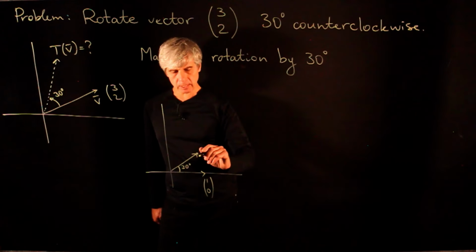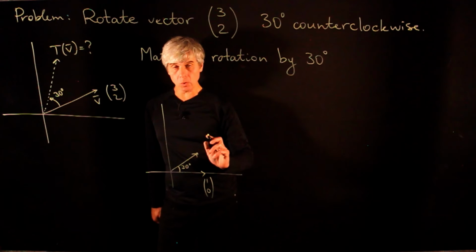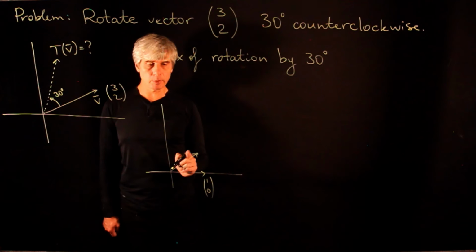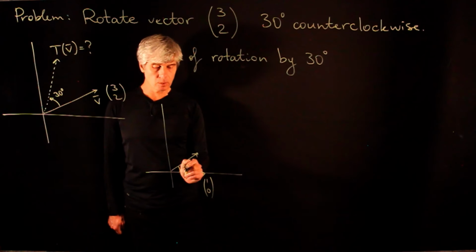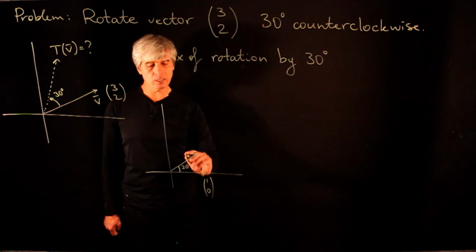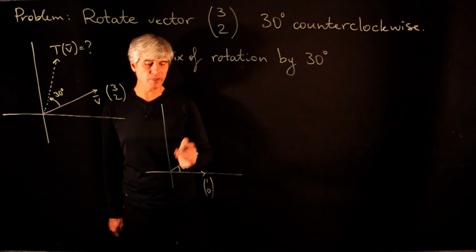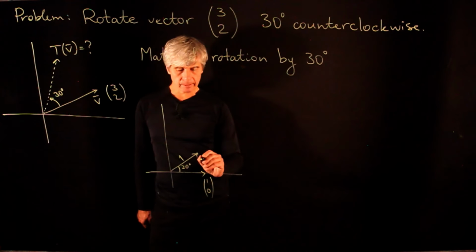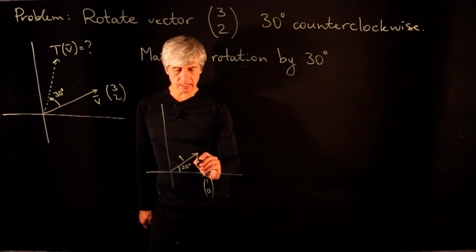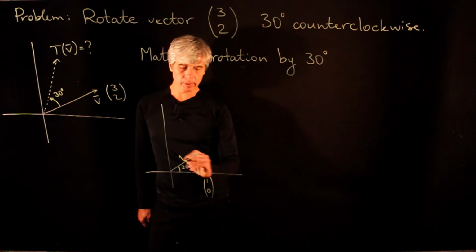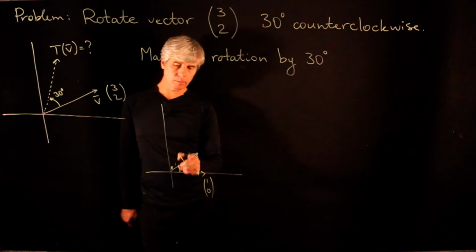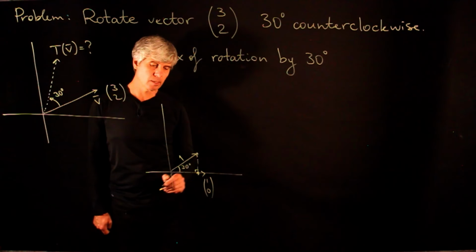We note that rotations preserve the length of vectors. So here we had the unit length vector, so this means that the length of the rotated vector is also 1. And then to find its x-coordinate, we drop the perpendicular here, right?